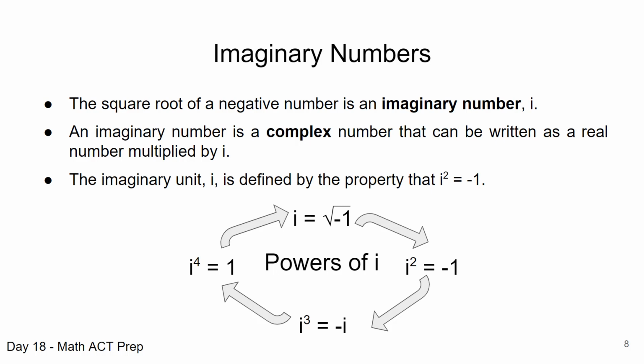If we have to multiply a set of expressions together and FOIL out the two expressions, and when we multiply we come up with these different values with these different powers of i, you can do some substitution with the values that we've got pointed out in the graphic here to simplify your result. And we'll look at some example problems in the questions that we have for imaginary numbers that deal with something just like this.